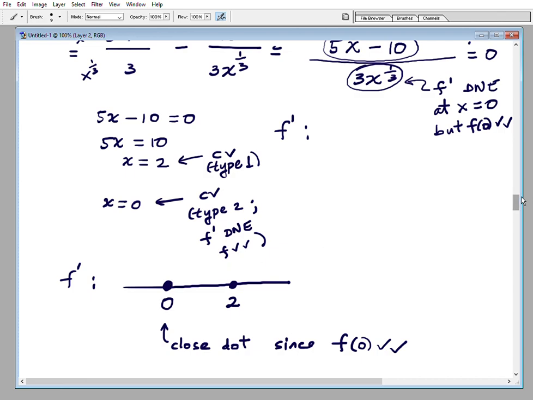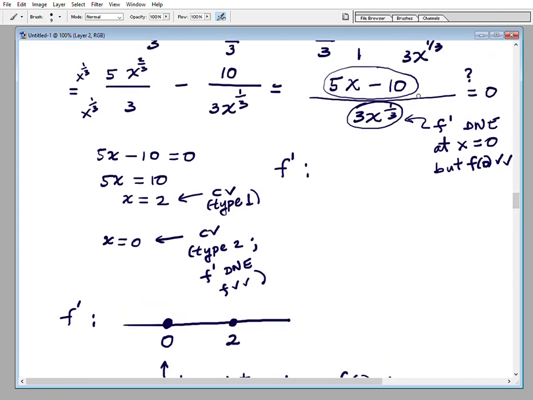All right, let's now do plus minus analysis. Put in 3, and we have positive over positive, so positive. Put in 1, 5 minus 10 is negative, and the bottom is positive, so negative. Let's put in minus 1, and the top is negative and the bottom is negative, 2 negatives, so positive.